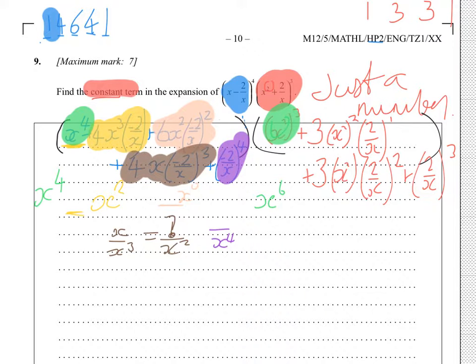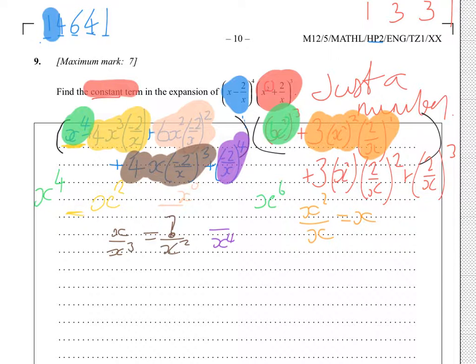The next one, I'm going to use a similar colour scheme. Well, that'll be x squared over an x. Again, I'm ignoring the numbers for the second. I'm just looking at the powers of x.